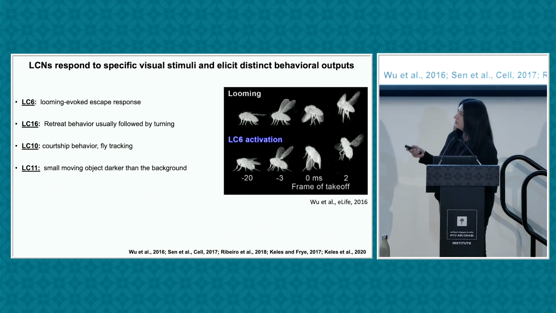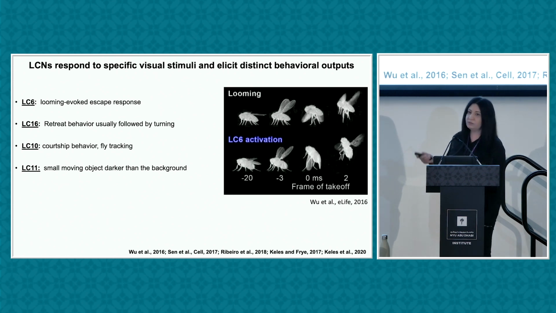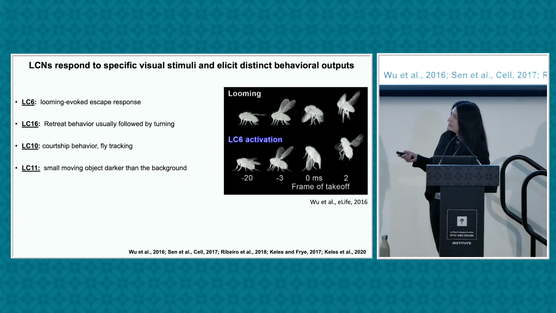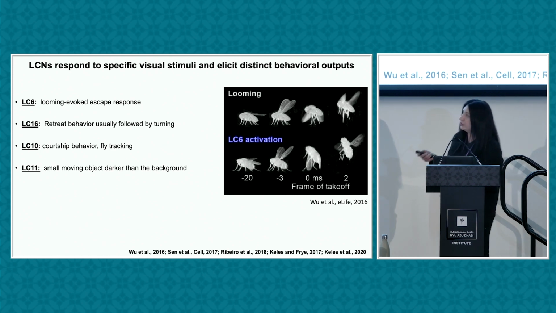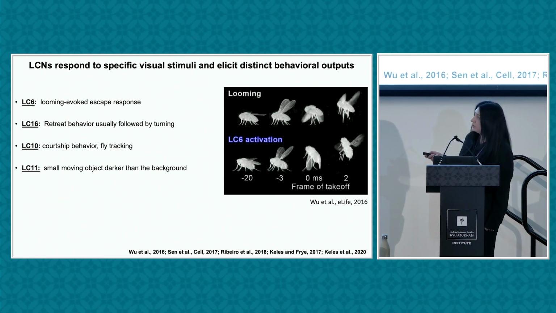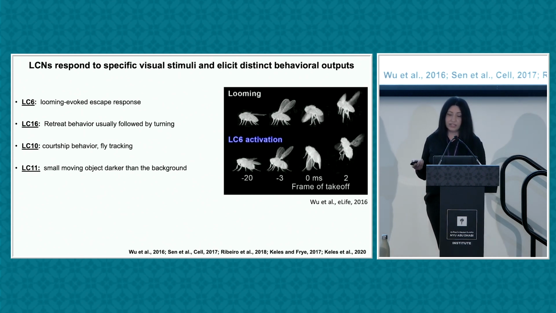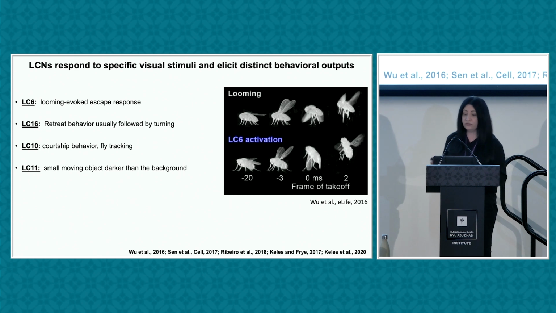So 2 LCs respond to looming stimulus, but with very different behavioral outputs. And LC10 neurons were found to be important for courtship behavior and tracking flies. And LC11, for example, are essential for detecting small moving objects. So like I mentioned, these neurons are very essential for the survival of the flies.